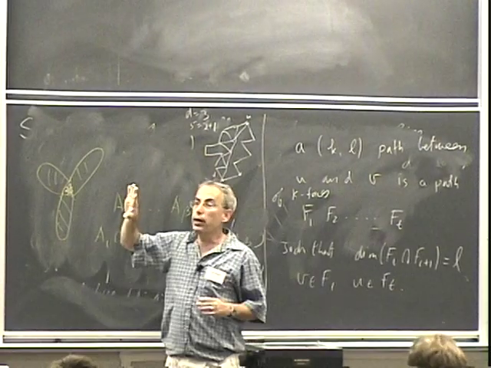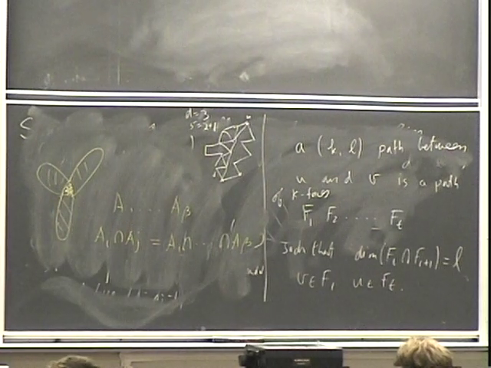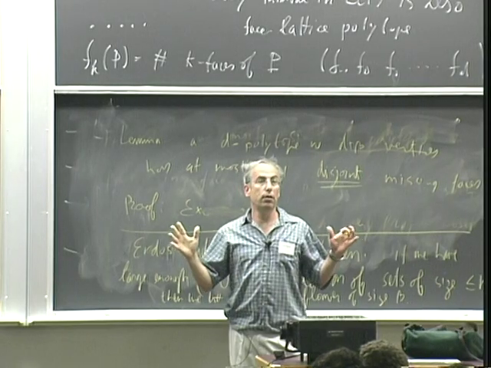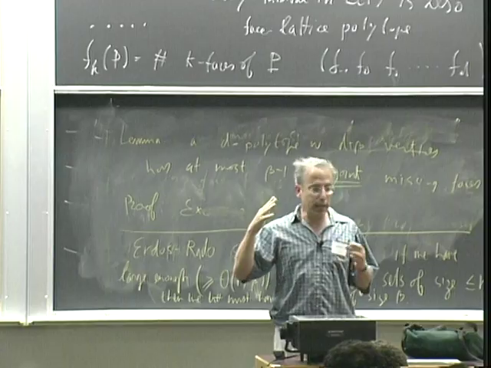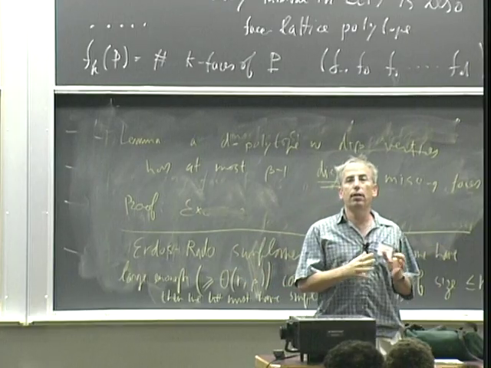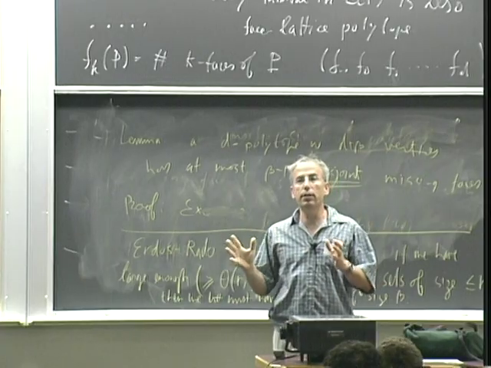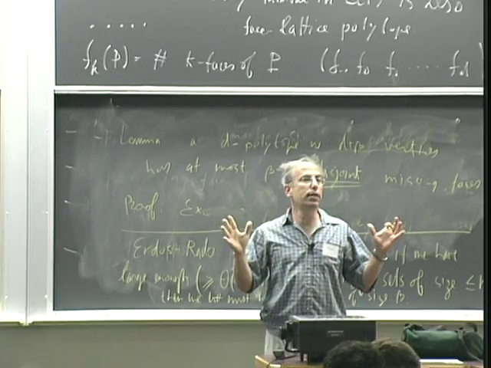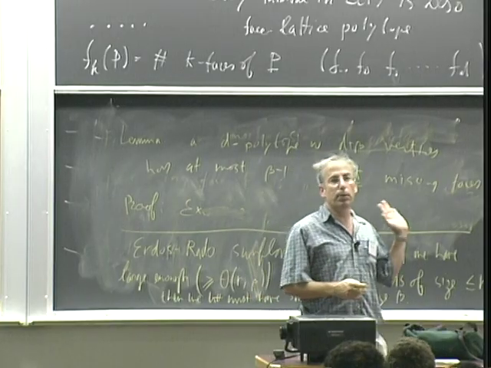Then you cannot have too many missing faces, and therefore the number of combinatorial types of skeletons is bounded. If we take the 77-dimensional skeleton of D-polytopes with D plus 1,000 vertices, there is only a bounded number of such creatures. A large number, but bounded.